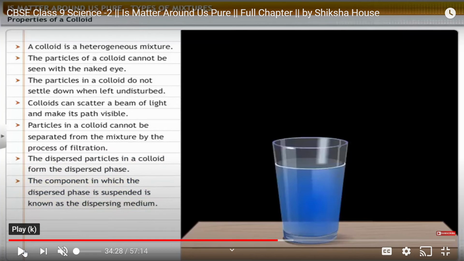And children, I want all of you to write down this question. Today's first question is, what do you mean by dispersed phase? And the second question is, what do you mean by dispersing medium?